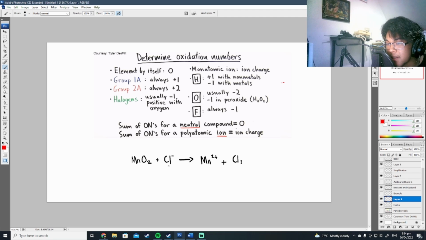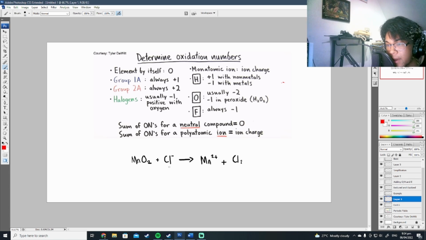Notice that rule number 1 doesn't apply to this because there is a charge to it. So the rule states that if it's a monatomic ion, the oxidation number will equal the ion charge.